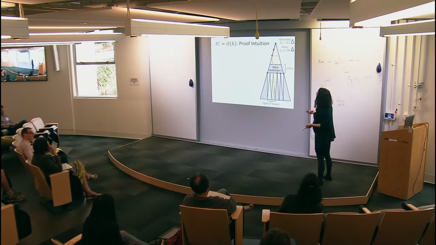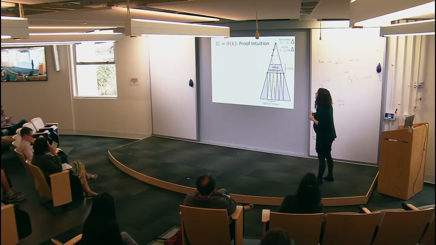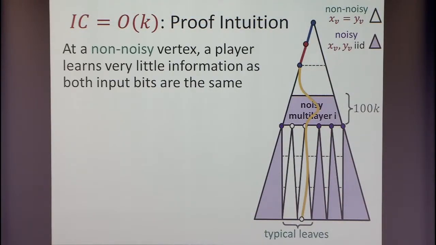Okay, so let me give you some intuition on why you should believe that the information cost is O of k. So why would it be low? I'm claiming that when we run our protocol, there are two types of vertices that we encounter: non-noisy vertices and noisy vertices. For non-noisy vertices, a player learns very little information about the input of the other player because he kind of already knew it.